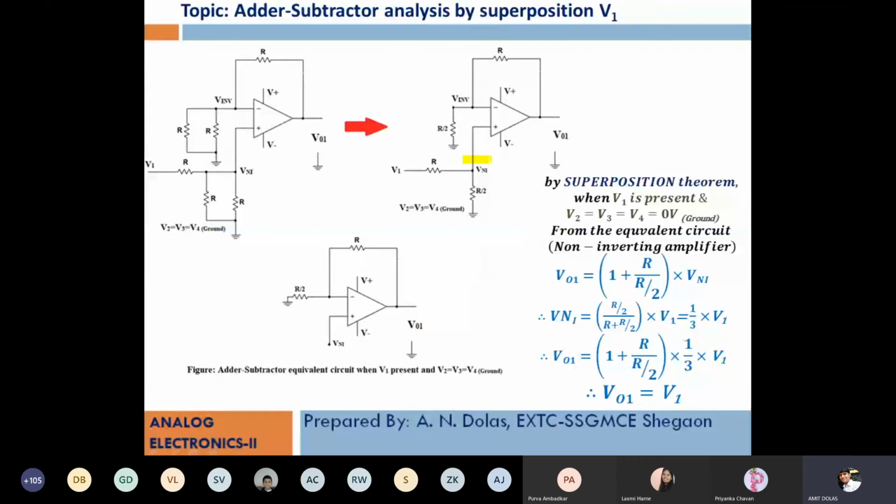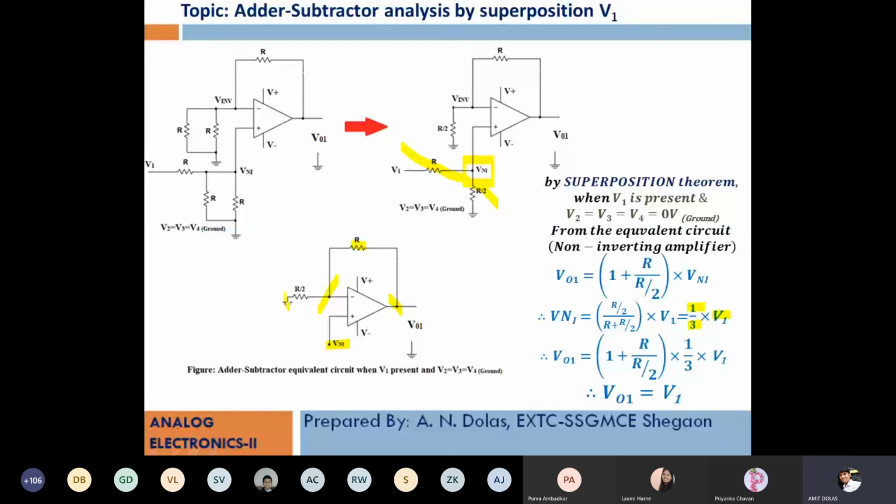So I made the equivalent circuit. I reduce this network, I don't need this part now. The non-inverting terminal has voltage 1 by 3 V1, and the remaining is as it is. R is connected between the output and the inverting terminal, and between the inverting terminal and ground there is R by 2.